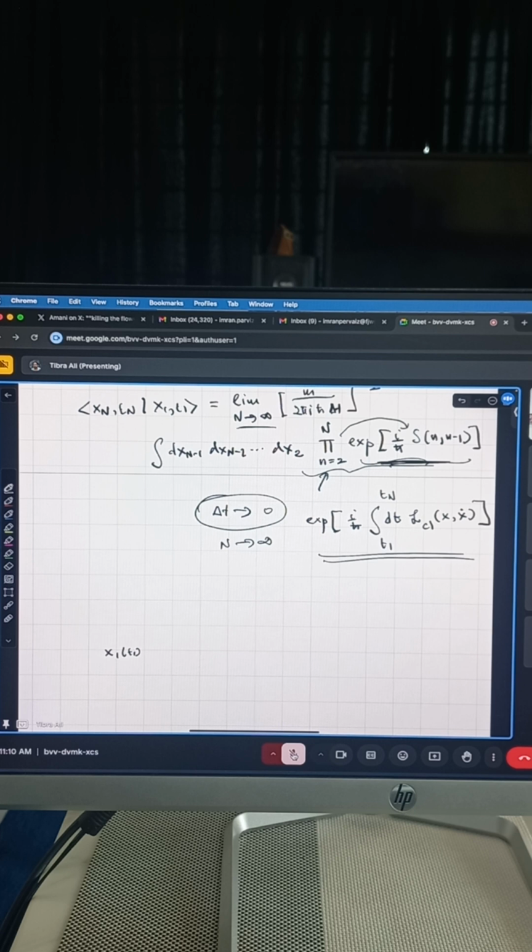And here we define the path integral measure in this way. What it means is that it's the limit where n goes to infinity of all the normalization factors times the integrals.